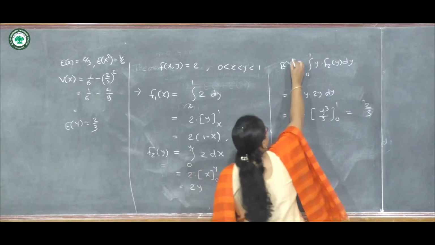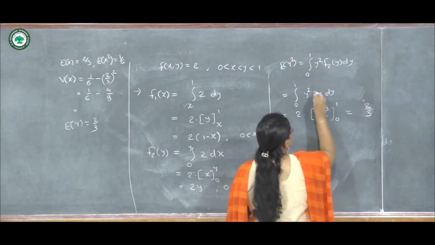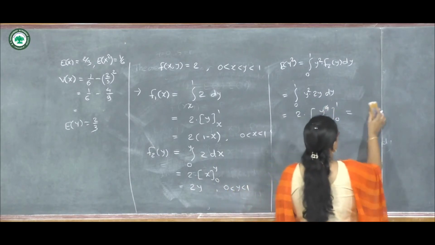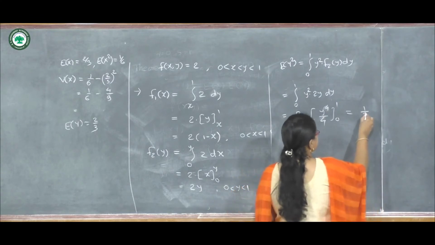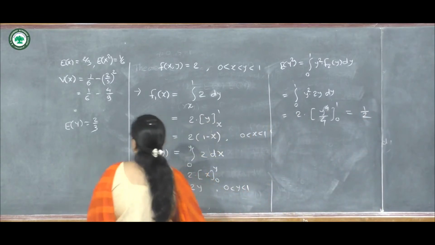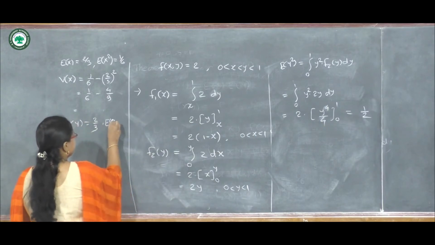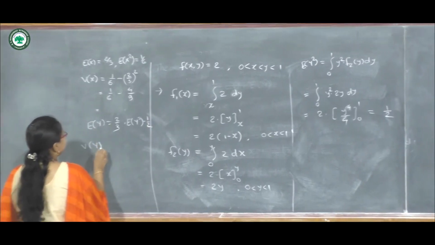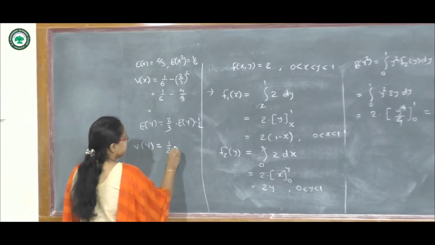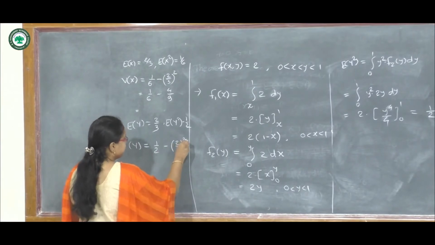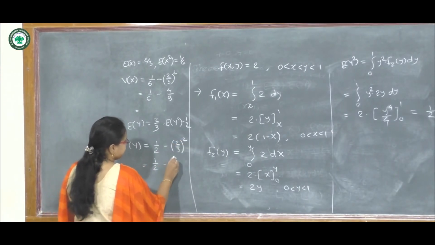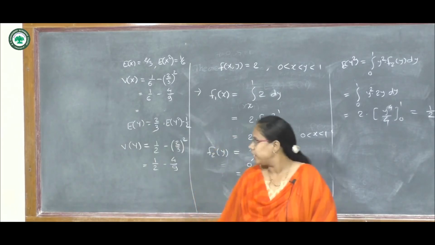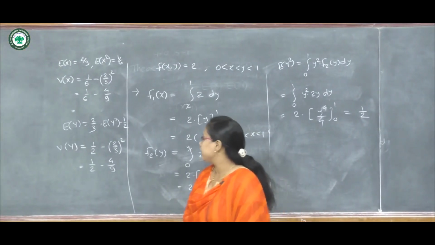Similarly, expected y square you can calculate as, so expected y square is half. And the variance of y is half minus this 2 upon 3 square. So in this way we can calculate the variance of x and the variance of y.